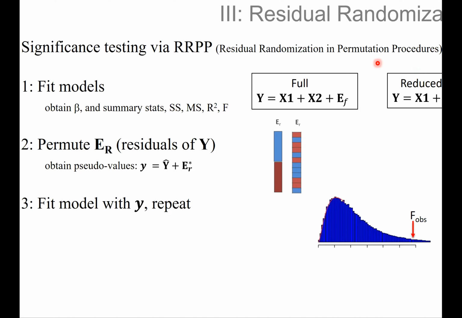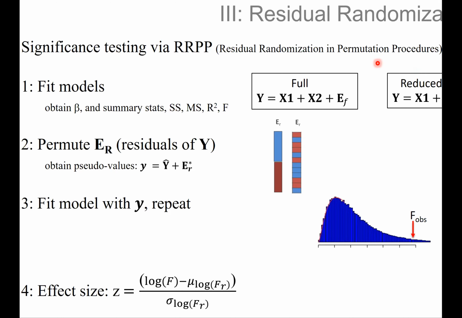But there's one more really important piece with this. We have the observed value, and we have a distribution, a sampling distribution of possible values. The mean and standard error of that distribution allow us to obtain an effect size. So we can estimate an empirical sampling effect size for the strength of signal.